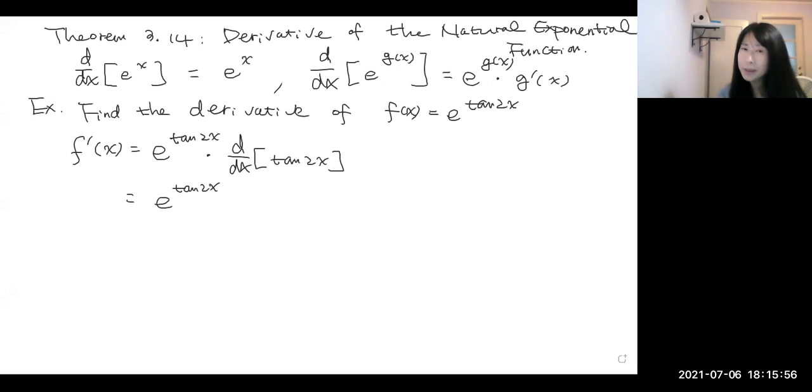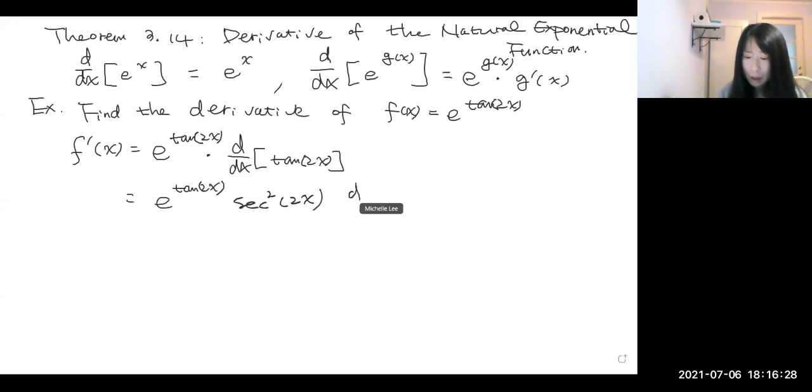Derivative of tangent x. Secant squared x. Yes, secant squared x, but we have a 2x, right?